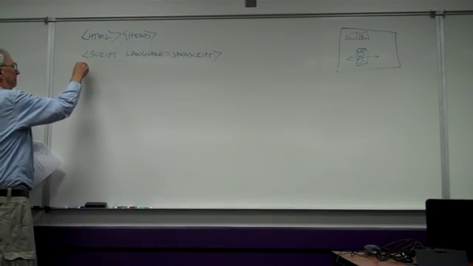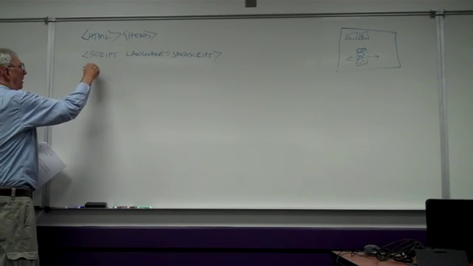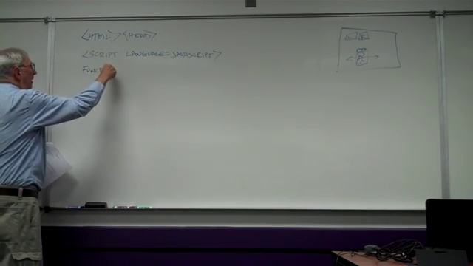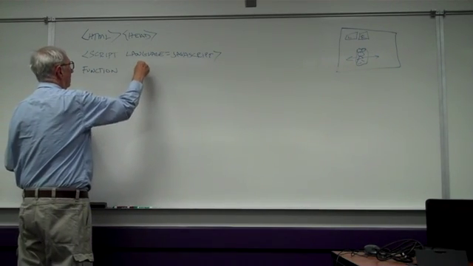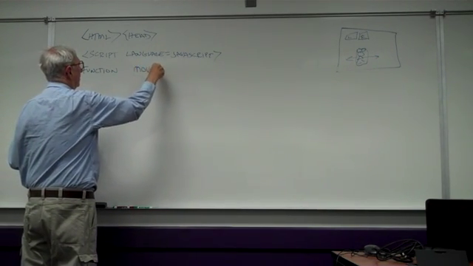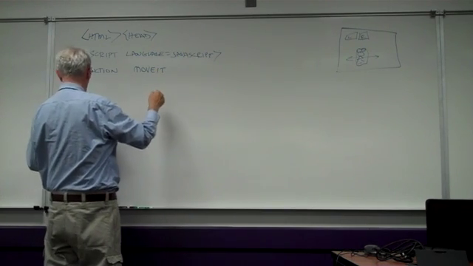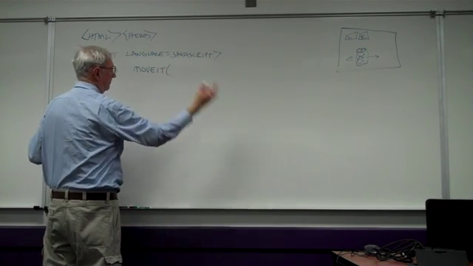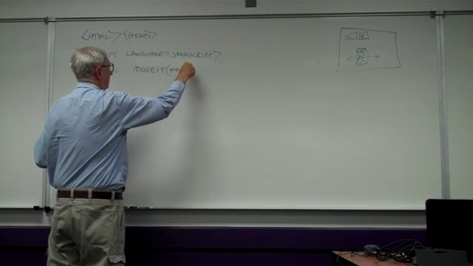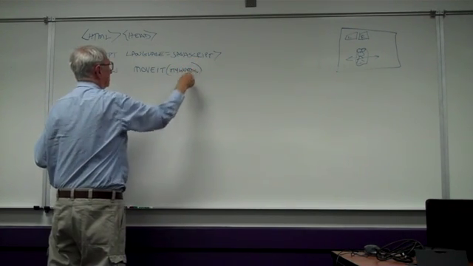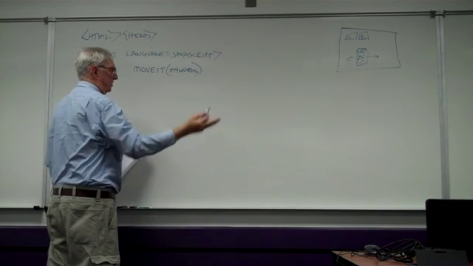I'm going to have a function. I'm just going to give it its name for now. I'm going to call it move it. Like so. And I'm going to send some words up from here. I'm going to call it my words. I just made this up, just like I made up move it, my words is just a made up word.